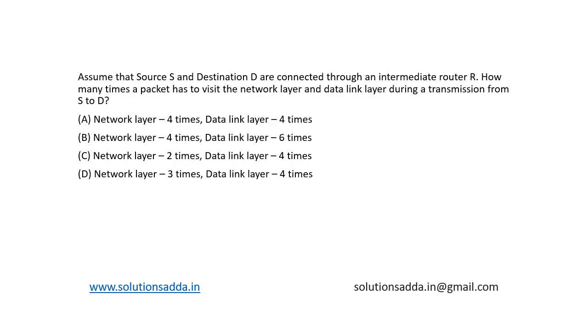This is a question from computer networks. Assume source S and destination D are connected through an intermediate router R. How many times a packet has to visit the network layer and data link layer during transmission from S to D? One important point to remember here is that source S and destination D have only one network layer and one data link layer.